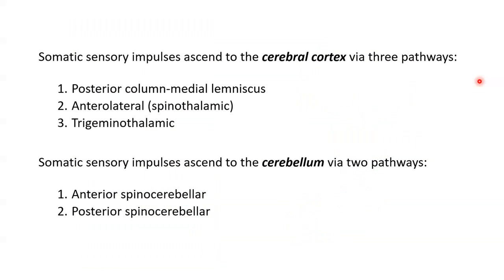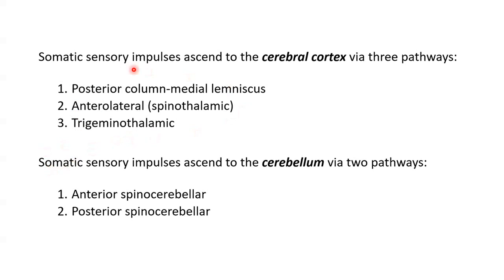So taking a look at the major sensory neural pathways, there are 3 pathways that the somatic sensory impulses will take to reach the cerebral cortex, and there are 2 pathways that they'll take to reach the cerebellum. So the 3 pathways that go up to our primary somatosensory area in the cerebral cortex are our posterior column medial lemniscus, our anterolateral, also called our spinothalamic tract, and our trigeminothalamic tract.